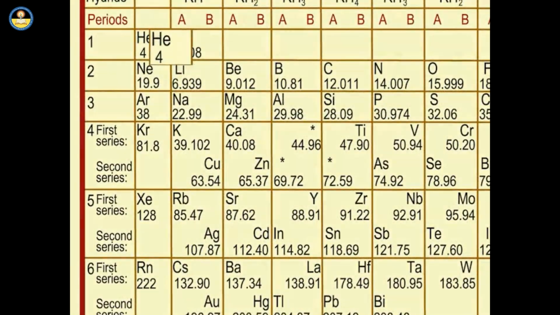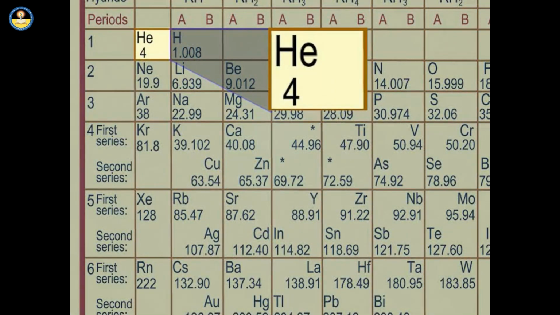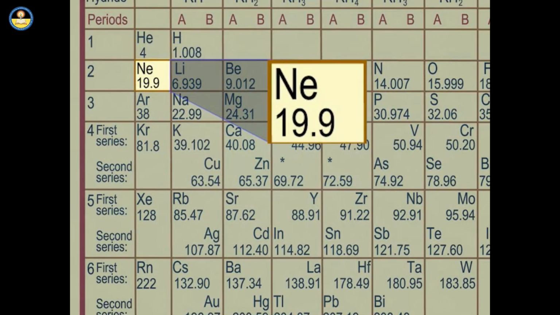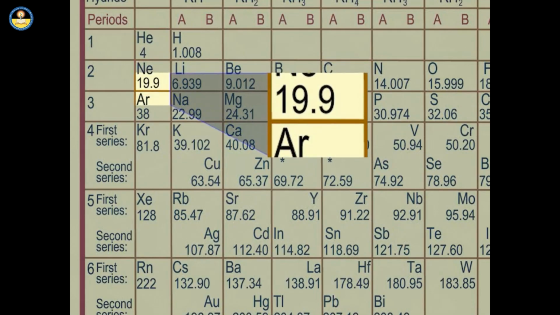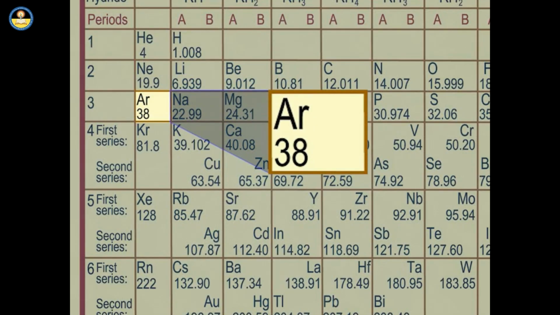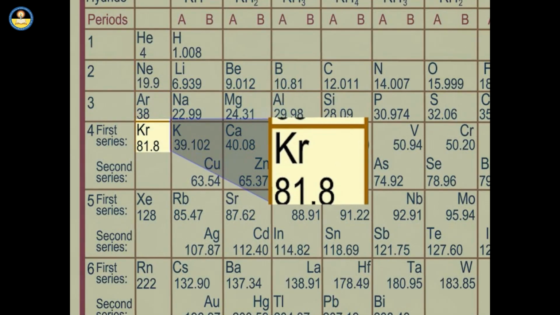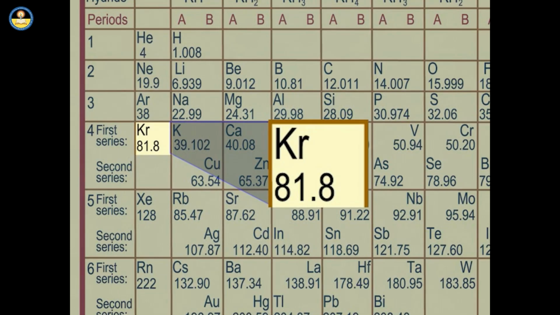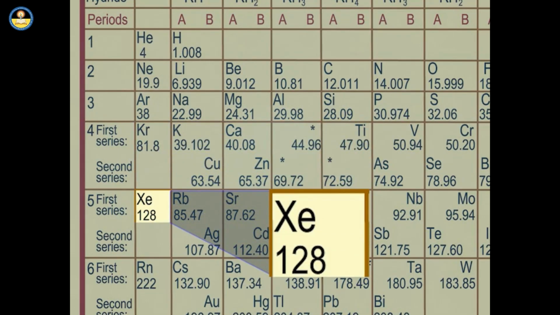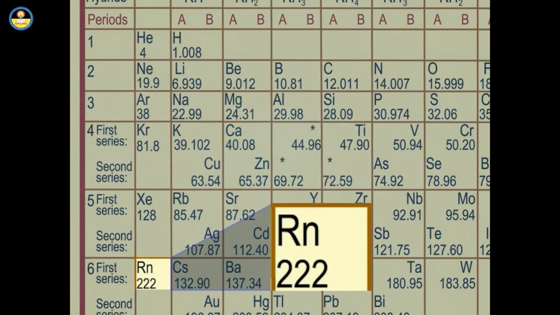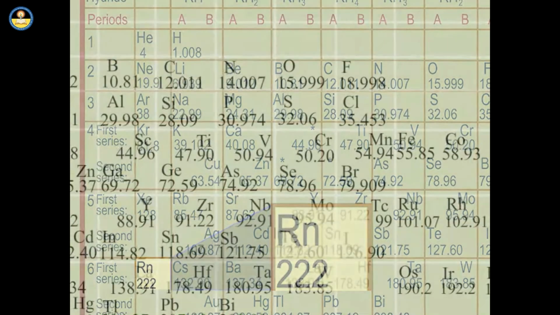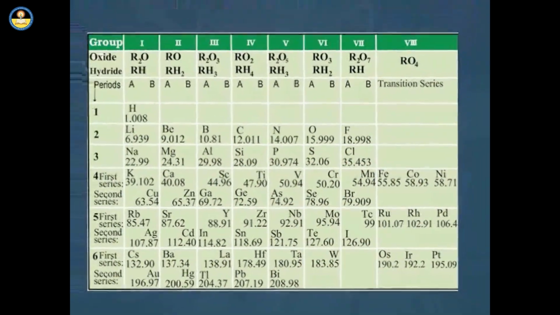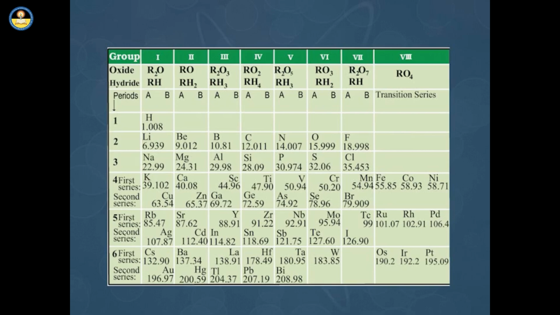The noble gases like helium, symbolized as He, neon, symbolized as Ne, argon as Ar, krypton as Kr, xenon, and radon as Rn were not known when Mendeleev gave his periodic table.